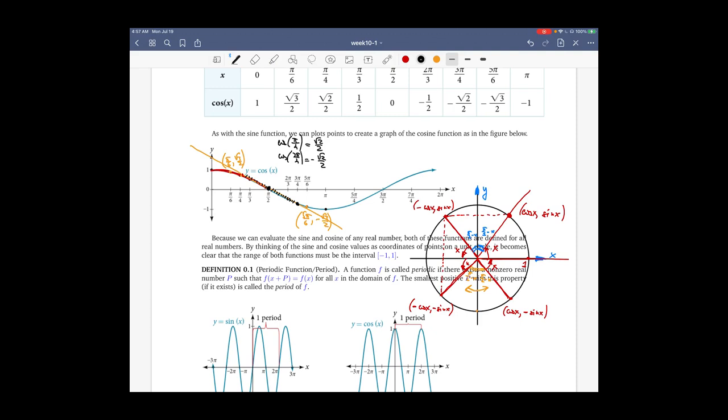So the mirror is at the point (pi over 2, 0). And again, what does that mean, that there's a mirror at that point? Take any point on the graph of cosine x between 0 and pi over 2. Join that point and the point (pi over 2, 0) by a straight line. Measure along the straight line that distance from the point (pi over 2, 0) on the other side. The resulting point will also be on the graph of cosine x. These two points are symmetric.